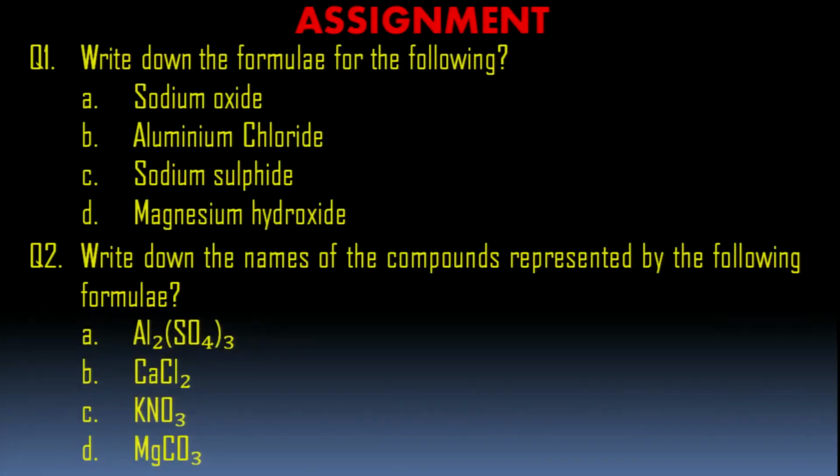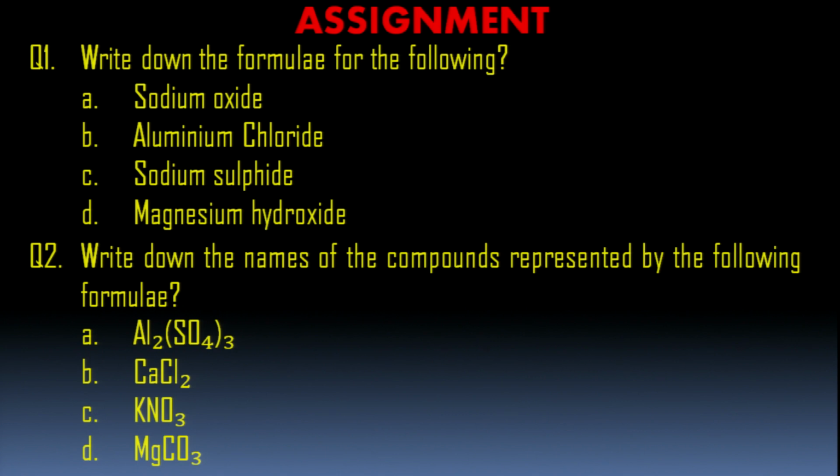Children, I've got some assignment for you all. As we have discussed, you can go home or you are at home, I know, children, and you can do this. You can take down this assignment. Please note it down. Write down the formula for the following: sodium oxide, aluminum chloride, sodium sulfide, magnesium hydroxide.